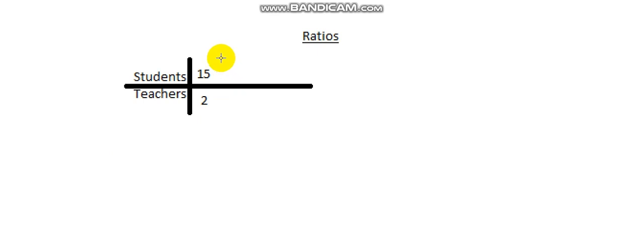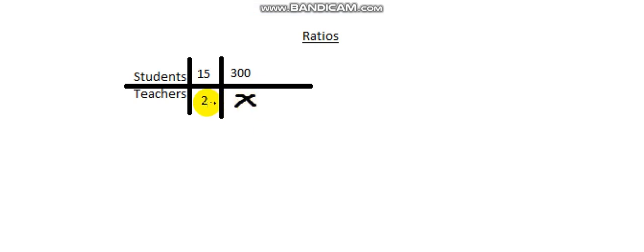Now let's take this to the scale of the school. Let's say that in the entire school, there are not 15, but rather 300 students. But the ratio between students and teachers is the same. How would I use that to find the amount of teachers?